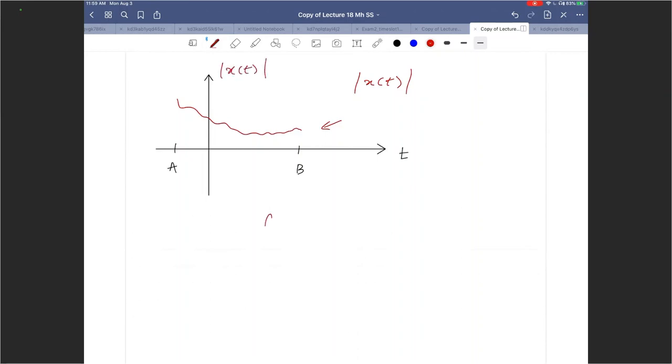When you integrate between a and b, absolute of x of t dt, can I say that it is going to be less than or equal to the integral from a to b of absolute of x of t? I also had e to the sigma, with that being b, because when I accumulate here, what is the accumulation result going to look like?